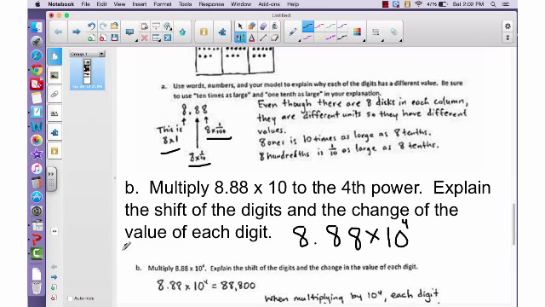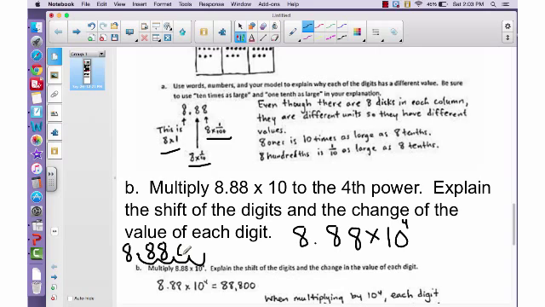To model that, I'm going to write 8.88, and I'm going to move that decimal 4 place value spots to the right, so it is going to get 10,000 times bigger. There's 1, 2, 3, 4. Now you'll notice I have 2 blank spaces there.